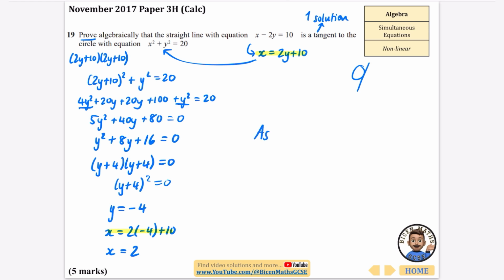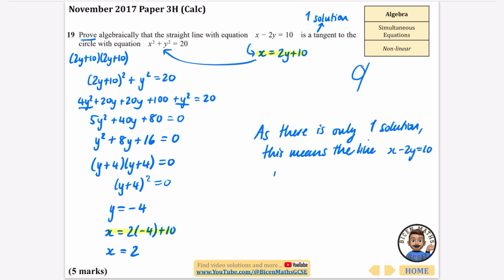So we just need a statement to say, as there is only one solution, this means the line is tangent to the circle. This means the line x minus 2y equals 10 is a tangent, or tangential, if I want to do it as an adjective, to the circle.